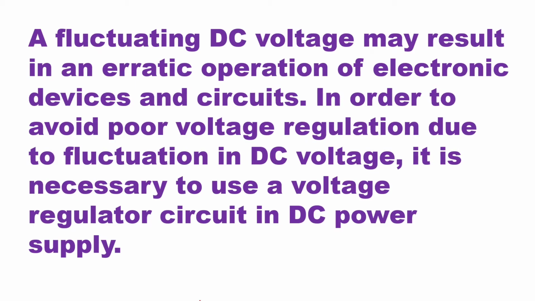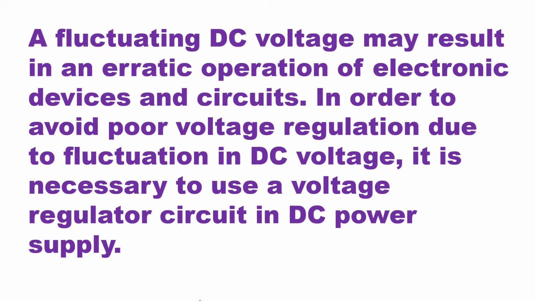That means whatever the source of DC voltage you use for an electronic circuit, if it varies, then the electronic device and circuit can operate differently. They will malfunction and will not function according to your desire. So it is an erratic operation. In order to avoid poor voltage regulation due to fluctuation in DC voltage, it is necessary to use a voltage regulator circuit in the DC power supply.